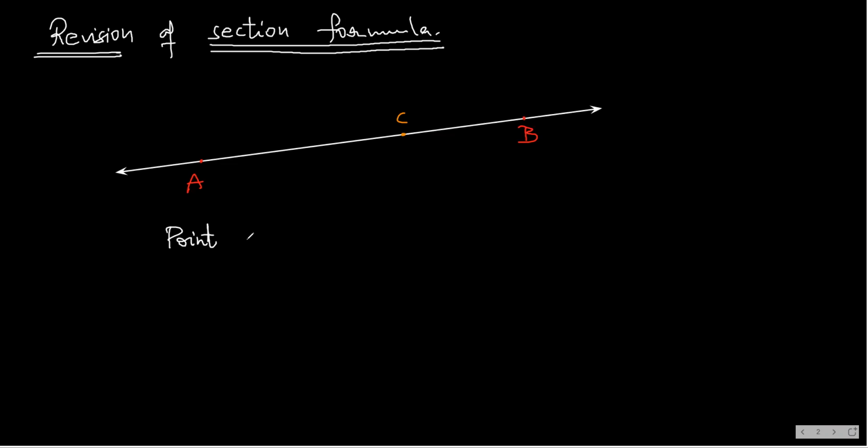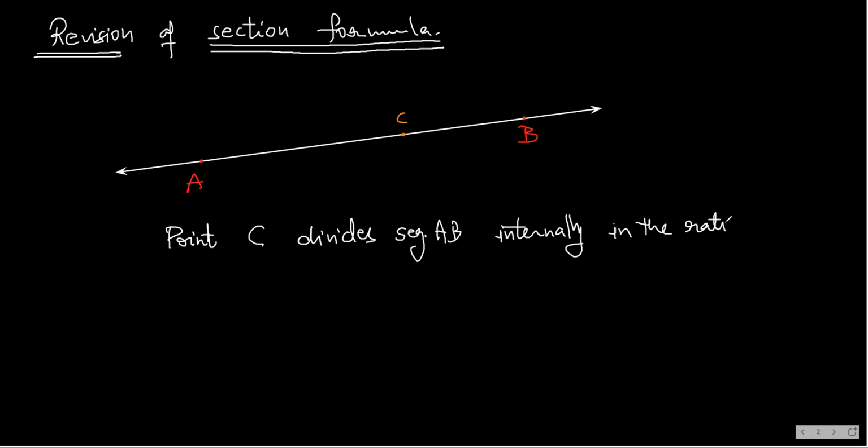So I will write here, point C divides segment AB internally in the ratio. See, this ratio which I'm going to write is decided by what is happening.